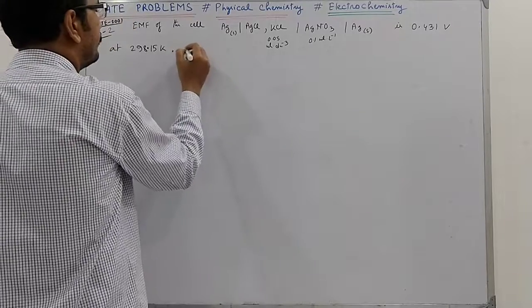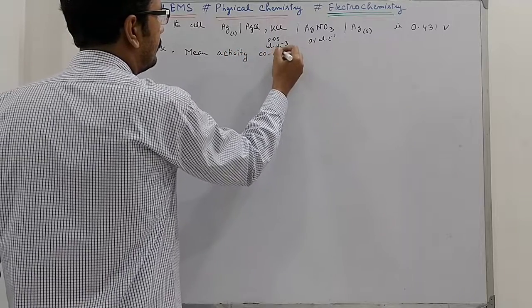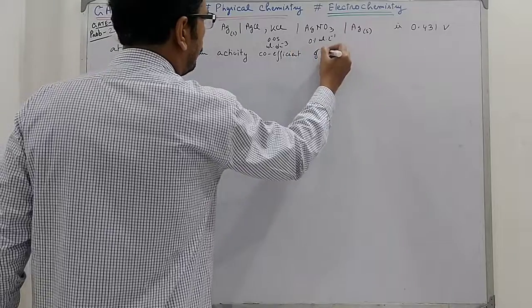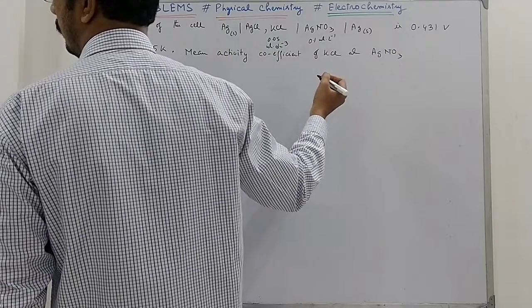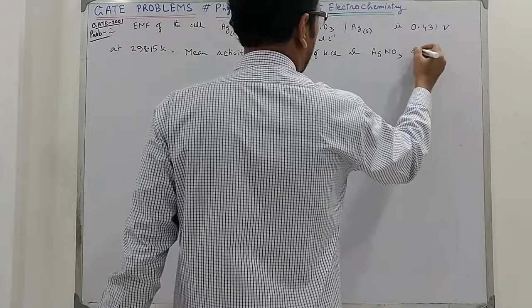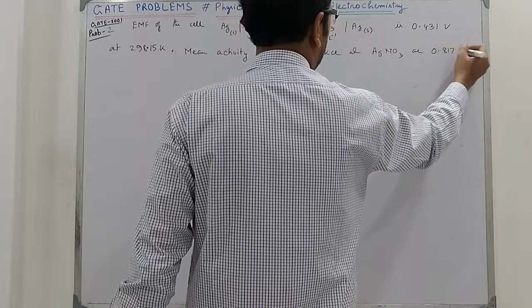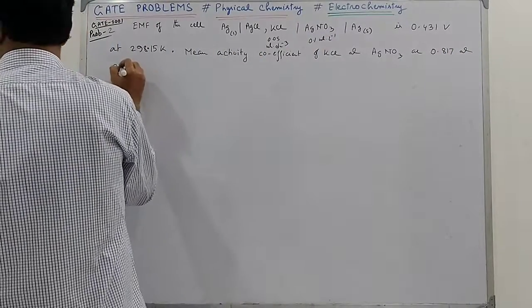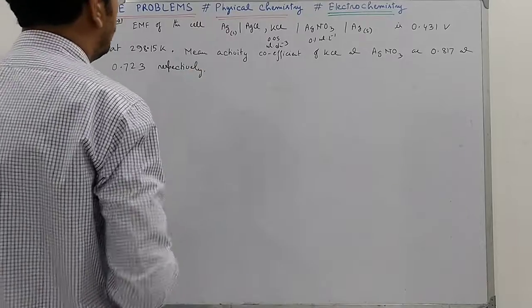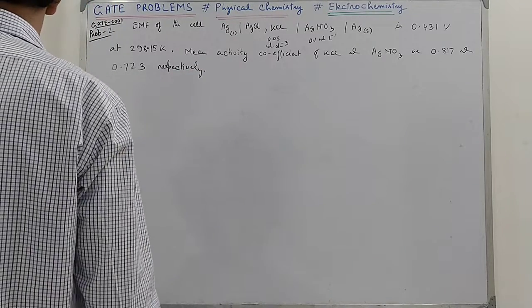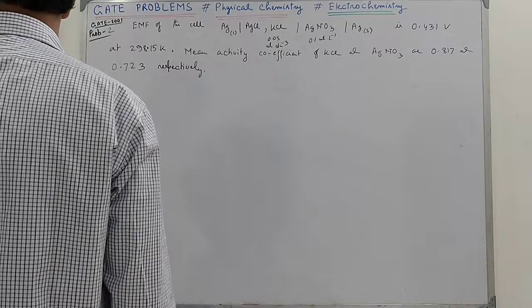The mean activity coefficients of KCl and AgNO3 are given: for KCl it is 0.817 and for AgNO3 it is 0.723 respectively.